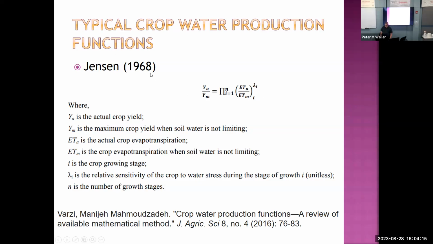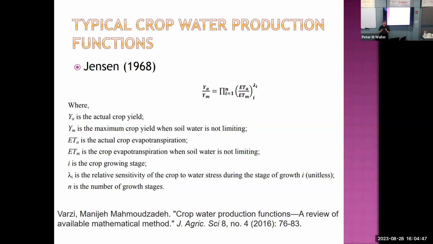This is Jensen's equation. He was a famous irrigation researcher back in the 60s. He also considered the sensitivity of the crop during different phases of the growth cycle. The crop is going to be more sensitive, let's say it's cotton, to water shortage when it's putting on bolls than when you're drying the crop out at the end of the season.